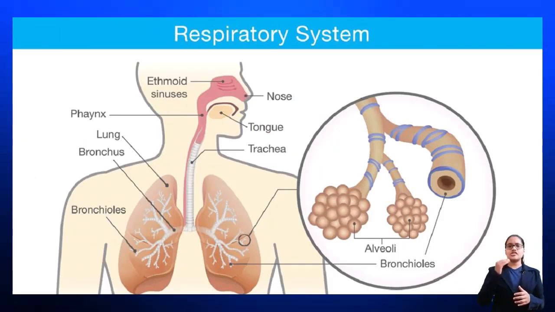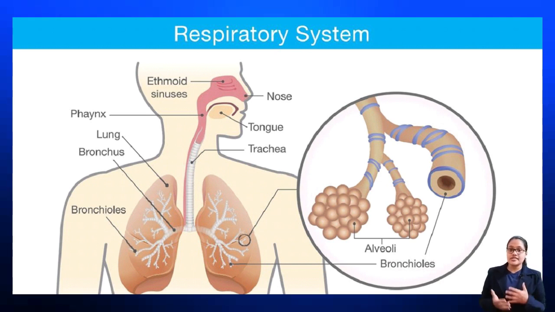In human beings, air is taken into the body through our nostrils. Our nose contains fine hairs that help in preventing the dust and dirt particles from entering our body through the air we breathe in. From the nose, the air passes through the throat and reaches the lungs.